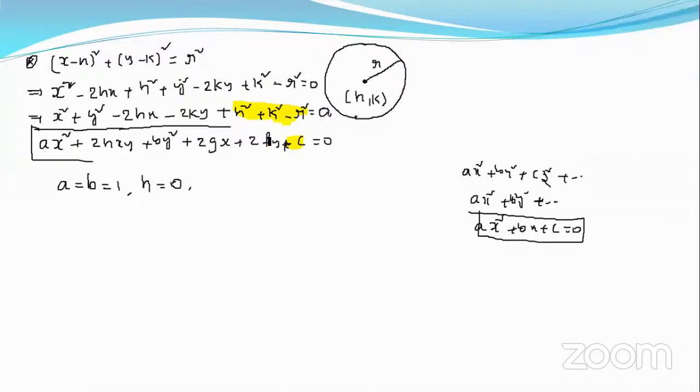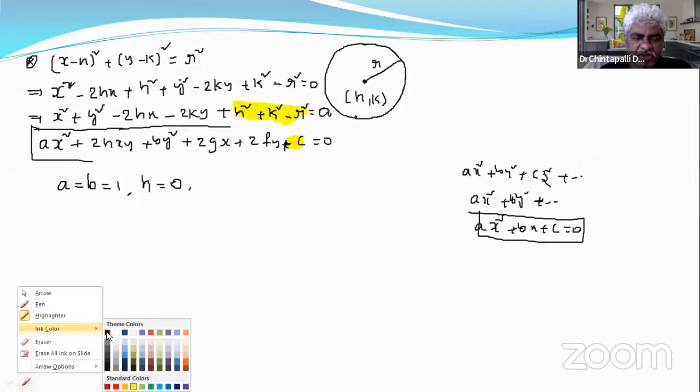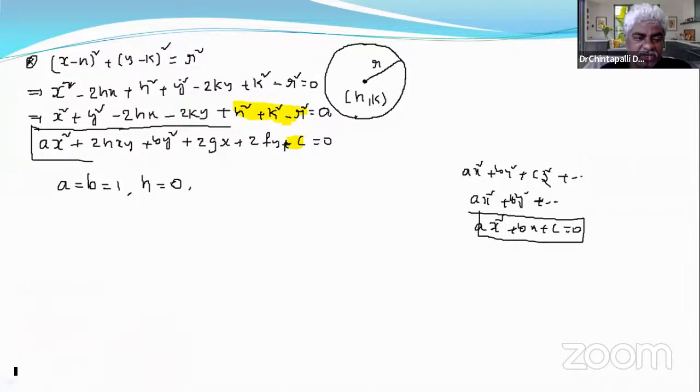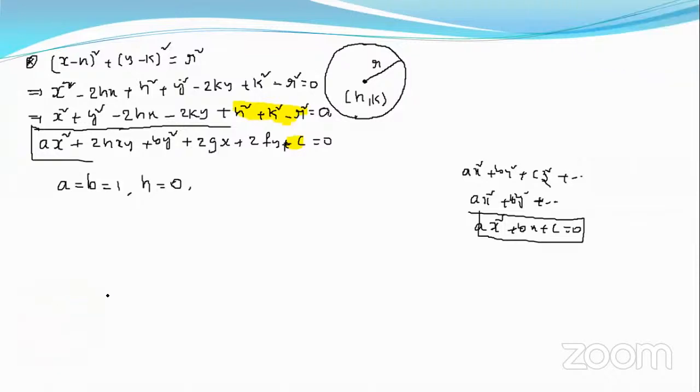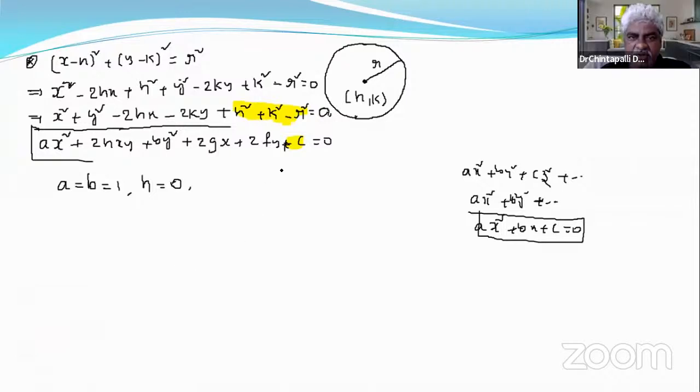In our equation, is it r square equals 0? No. R square equal to 0 means it is a point circle. Here you want to say in the general equation r square is equal to 0, right?